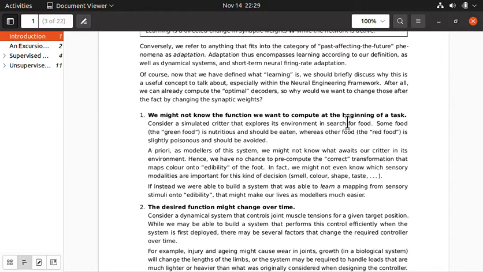But we might be in a situation where we might not know what the function is that we want to compute at the beginning of the task. It might be that the sort of task we're interested in changes. For example, we might want a system that will evaluate, here's an object, should I eat it or not?